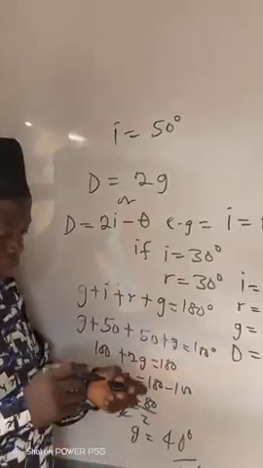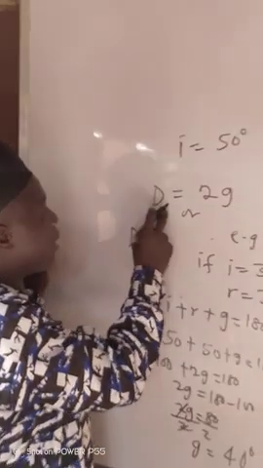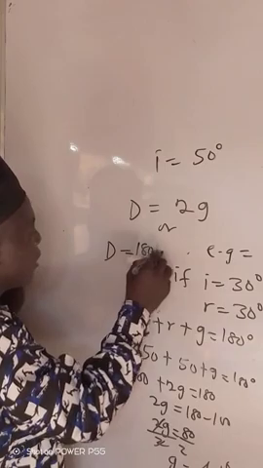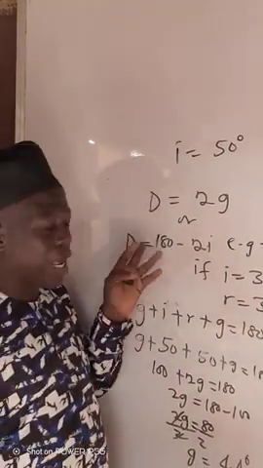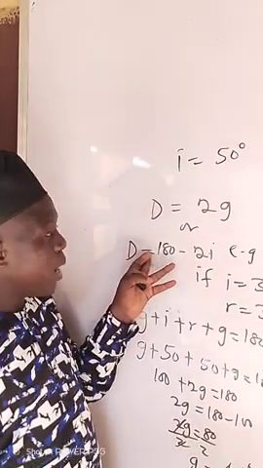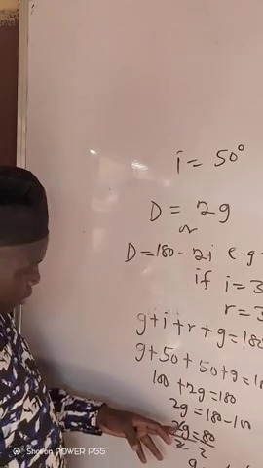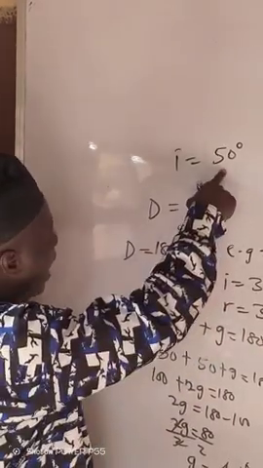Now, let's look at another formula. Angle of deviation is equal to 2G, or the angle of deviation can be 180 minus 2I. If you want to apply this formula to get the angle of deviation, what is our I? Our I is 50.